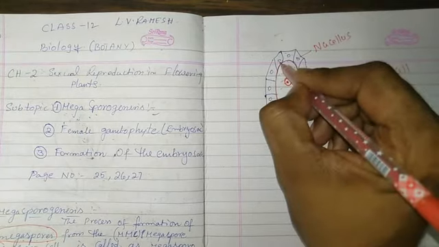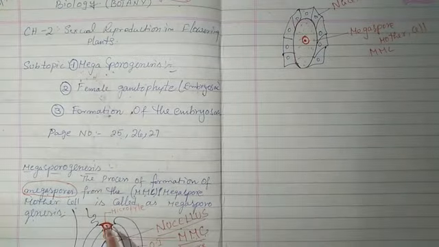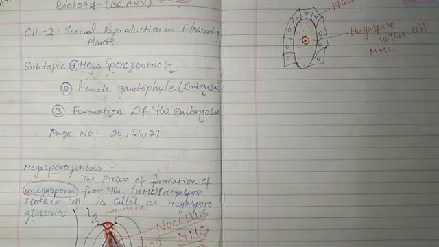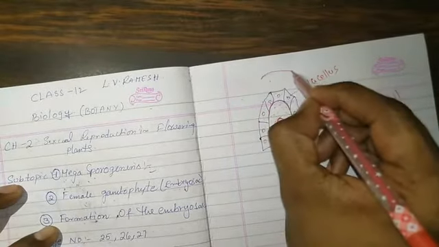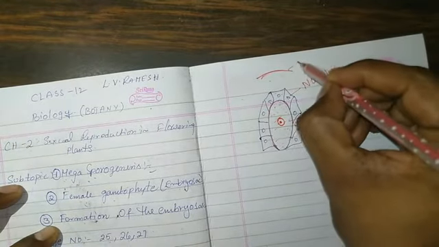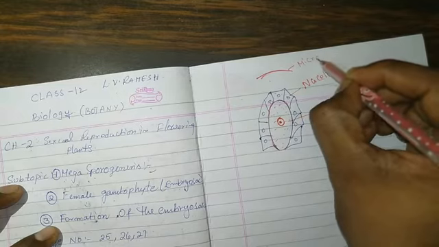And outside of the nucellus, what is present? The micropyle. So this location is the micropylar end.